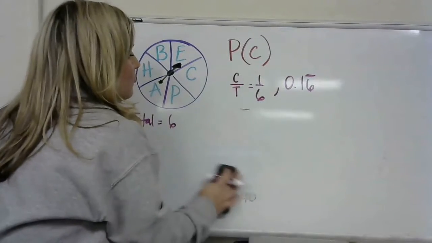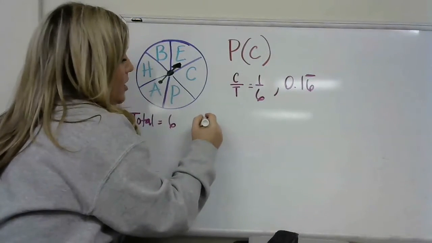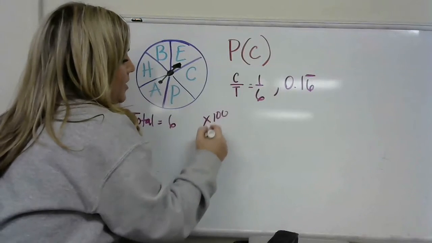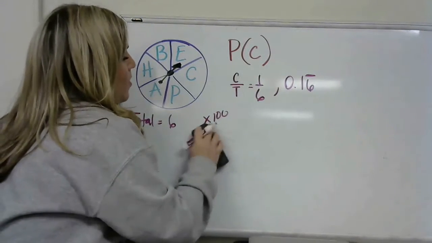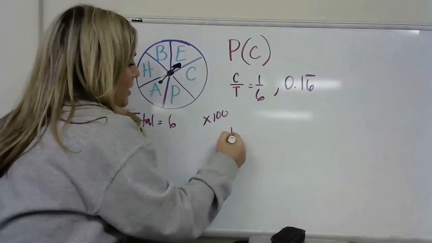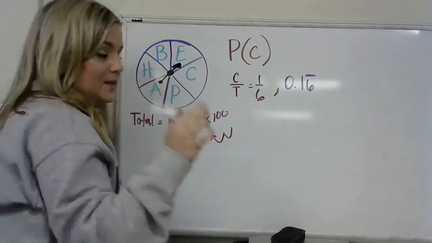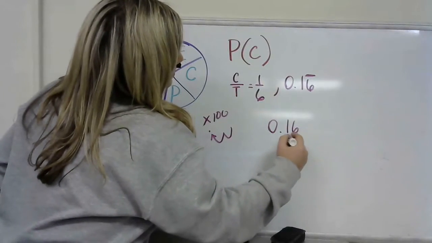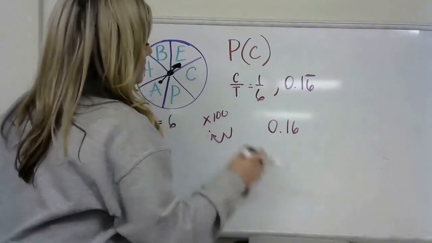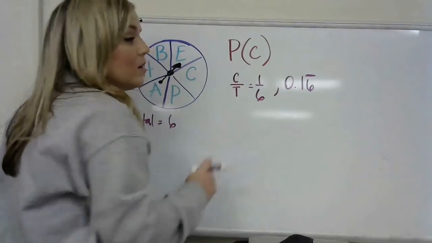Then, if we're going to turn that decimal to a percent, we're multiplying it times 100, so we're moving the decimal to the right. We're making it bigger. We're moving the decimal left 2 places. So if we have 0.16, forget me, I am being insane today.